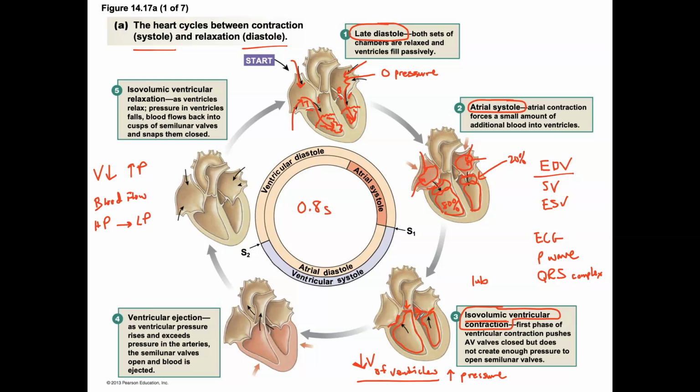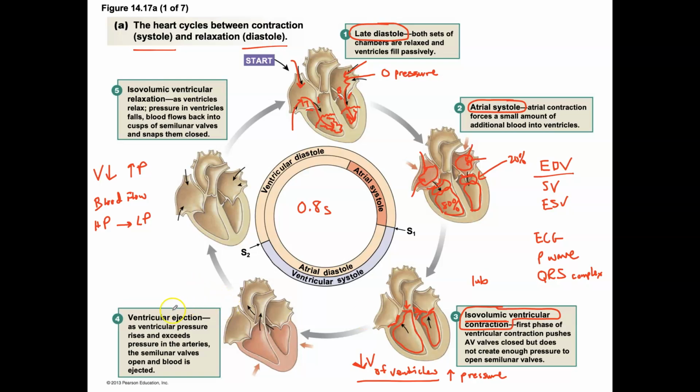But currently, there's not enough pressure yet, though that pressure is building and building. So currently, we have the end-diastolic volume within the heart, but the pressure of that blood is going up, and that leads us into the next phase.